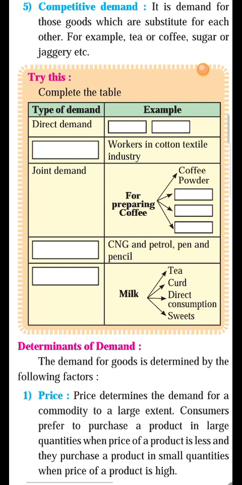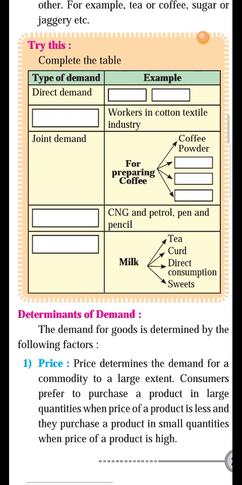Third one is joint demand. Joint demand means when the commodities are jointly purchased by the consumer to satisfy the want. For example, to make a cup of coffee we need coffee powder, and what we need extra in these boxes, you can write milk, sugar, water.